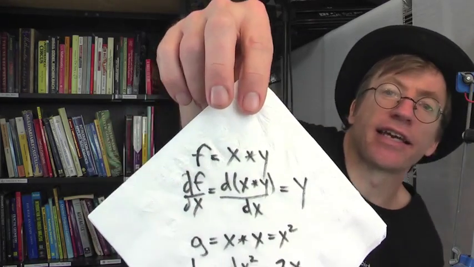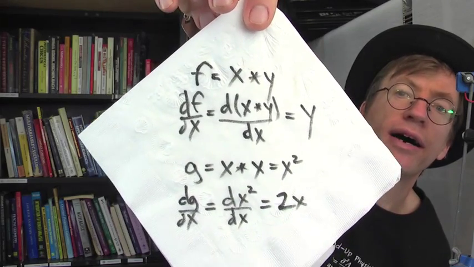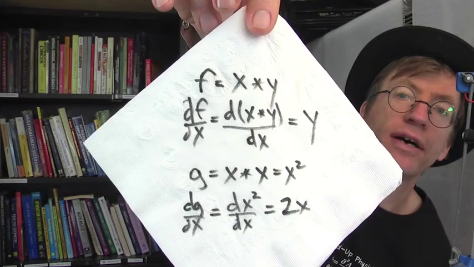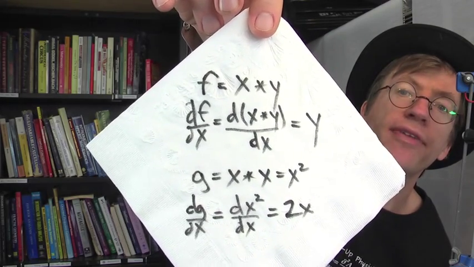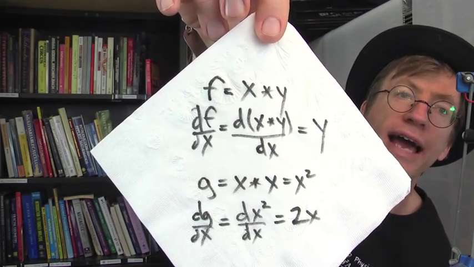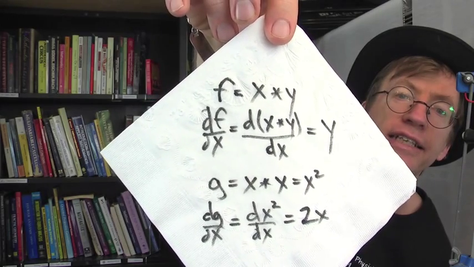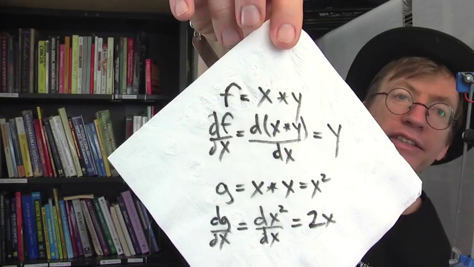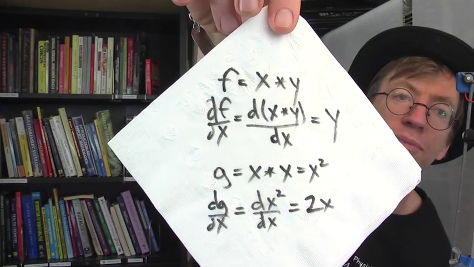And you say, but there's really only one x there, so won't it just be plain old y? And in fact, that is the case. So you can see I've written up there the function f equals x times y, and then the derivative, that's what that df/dx is about. The derivative of f with respect to x just equals y. So that's not so bad.